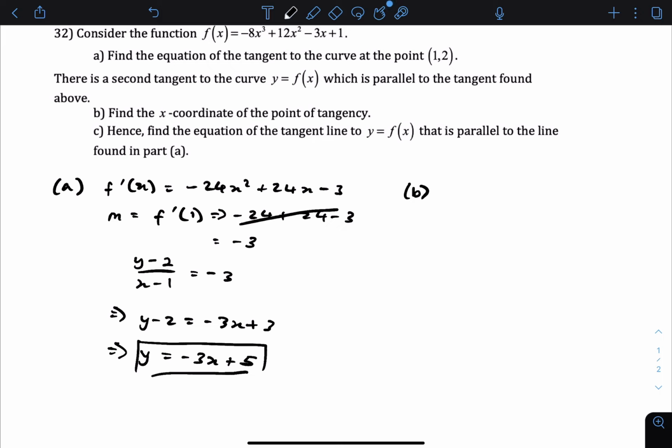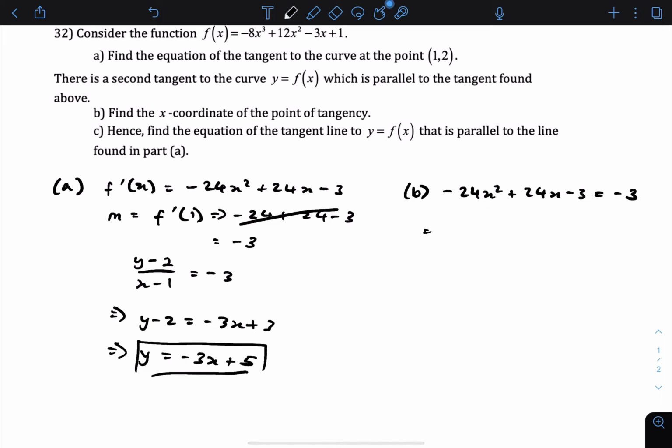This is parallel to the tangent and it has the same gradient, which means that negative 24x squared plus 24x minus 3, which is the derivative of this function, has to be equal to negative 3, because obviously when you substitute the x value in, it should yield the same gradient.